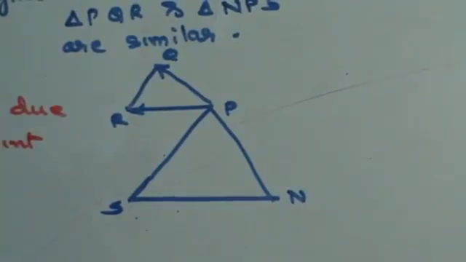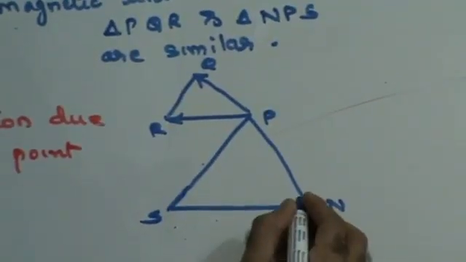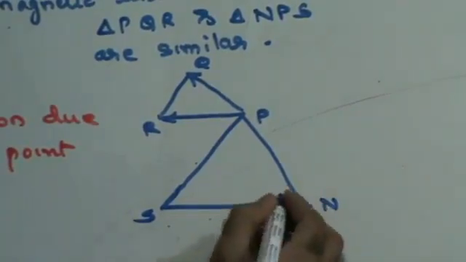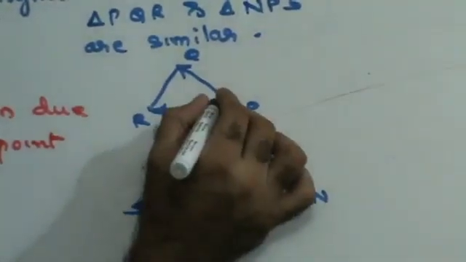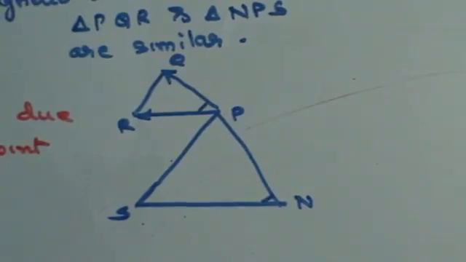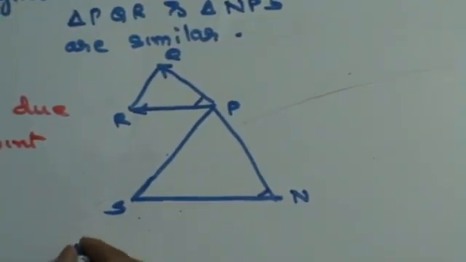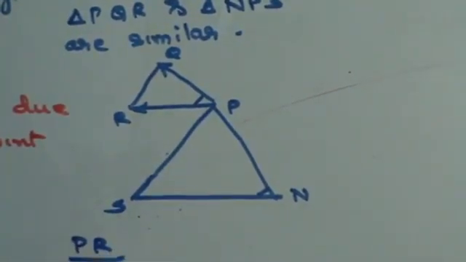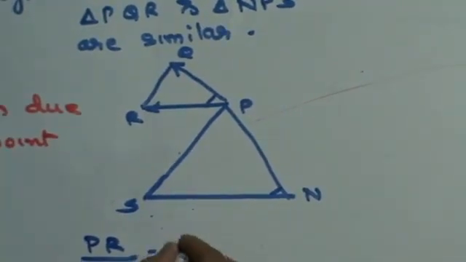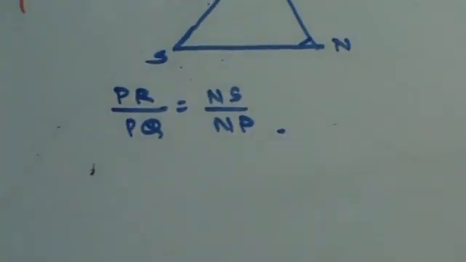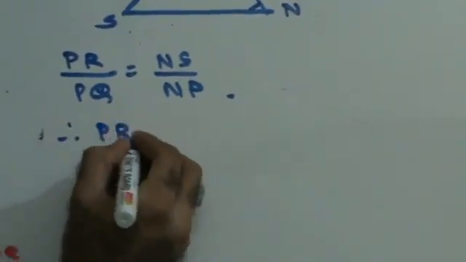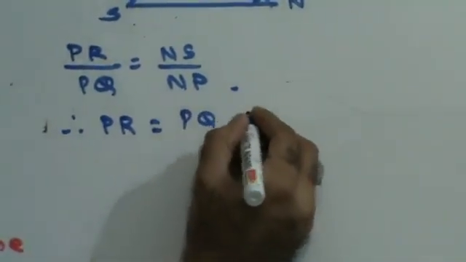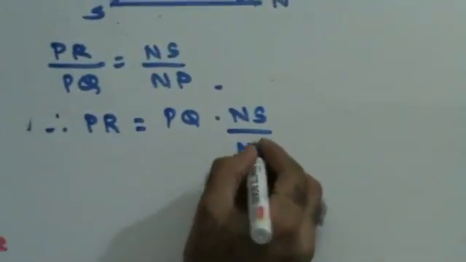Why are they similar? Both these lines are parallel, and the angles are going to be congruent. So the two triangles are going to be similar. Therefore, PR upon PQ is equal to NS upon NP. By ratio property, PR is equal to PQ into NS upon NP.